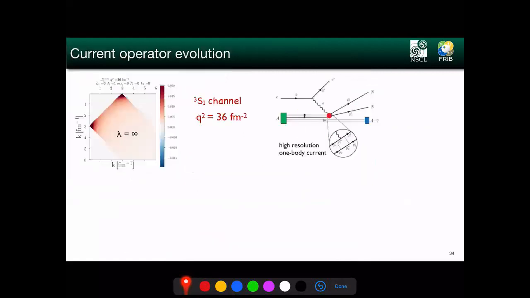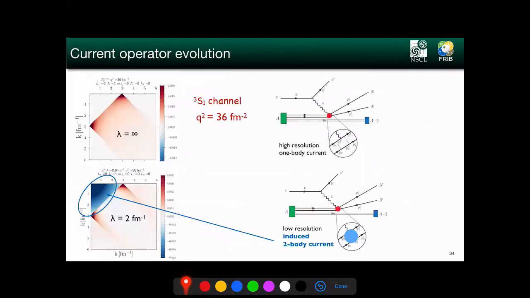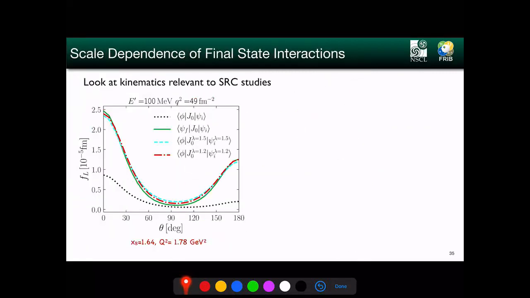So here's one example, which I'll just show without really explaining it. This is an example taken at kinematics which would be relevant for SRC studies. What's shown is a series of calculations. The term in green is the exact result. The dashed black is what happens if, in the high resolution theory, you try to ignore final state interactions.